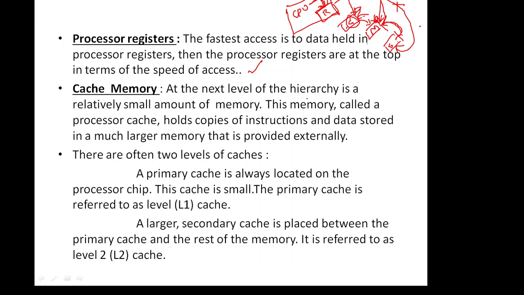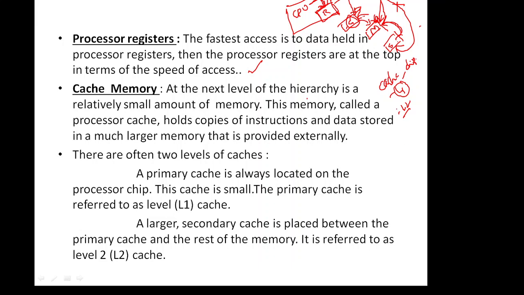In the cache, we are going to have two types of caches. The first one is the L1 cache and the next is the L2 cache. This L1 is fabricated on the chip itself, in the processor chip only. This L2 is going to be placed between the primary cache and the secondary memory, so it is referred to as the L2 cache.